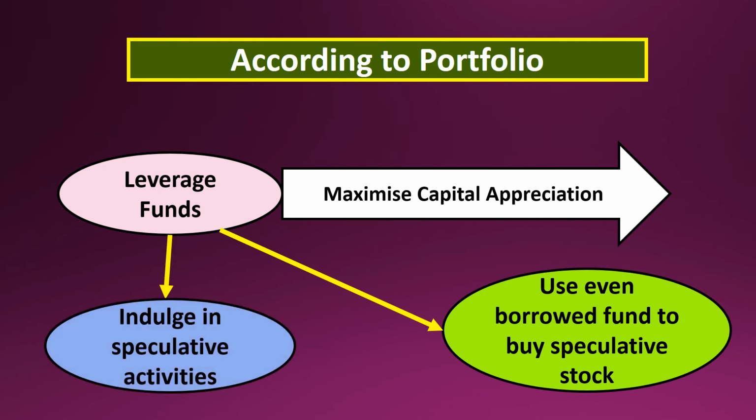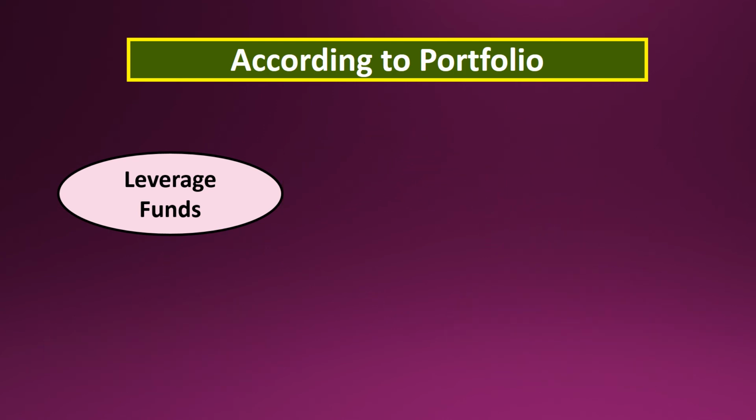They indulge in speculative activities to earn more and more profit. And in a declining market, the fund may indulge in short sales. The reduced price of the stock in future will benefit the fund. Some other methods may also be used to ensure higher profits. That is what is called a leverage fund.